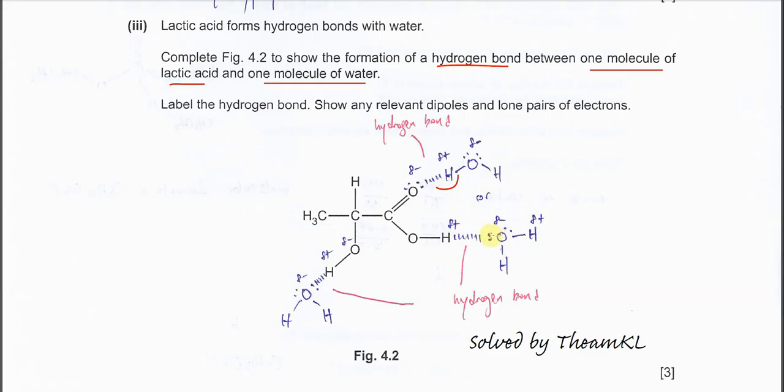The lone pair on oxygen will form this hydrogen bond with this hydrogen. Of course, you need to make sure again it's 180 degrees and show all the dipoles: partial positive on this hydrogen, partial negative on oxygen, partial positive on this hydrogen. You can follow a similar way as I told you just now. You just need to draw one because it's already mentioned 1 molecule of lactic acid and 1 molecule of water.